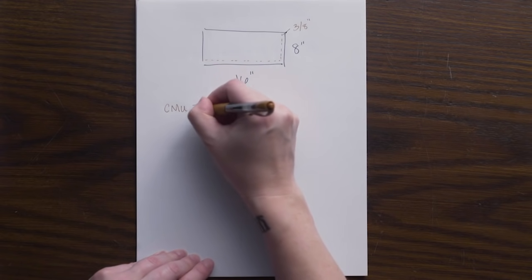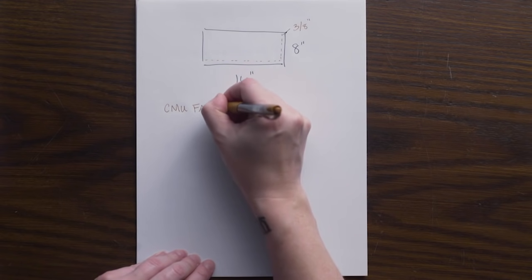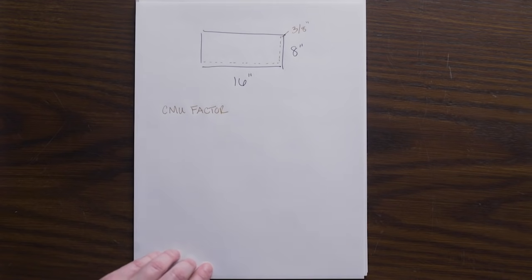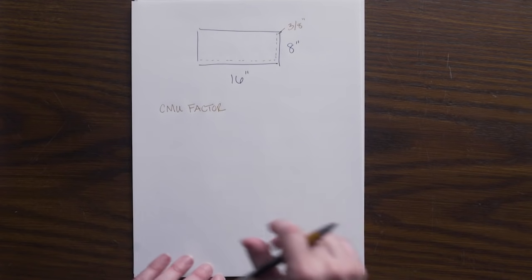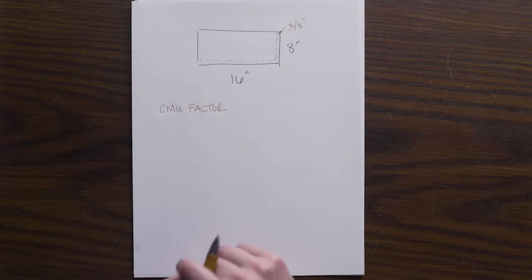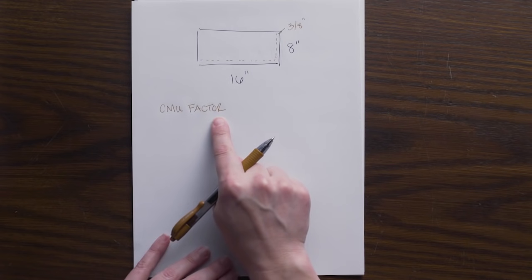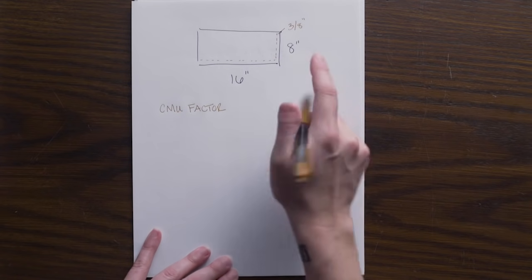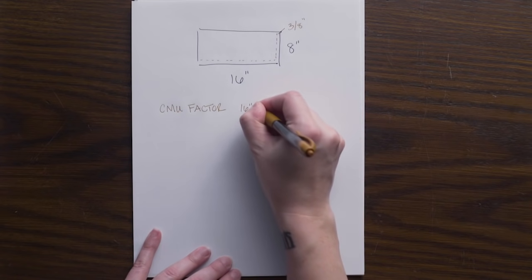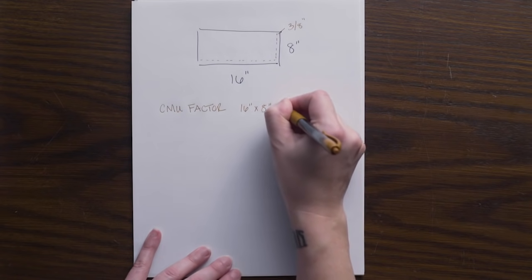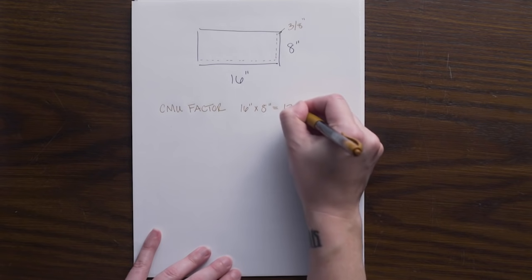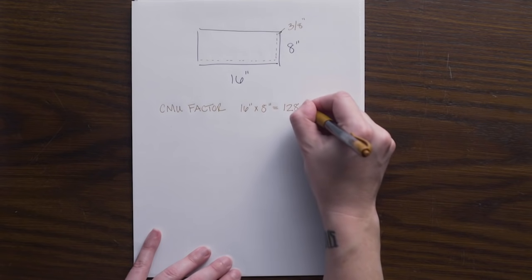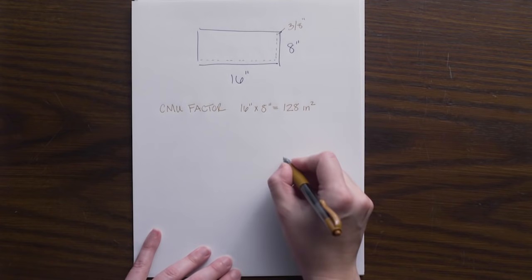CMU factor can easily convert the square footage that we calculate, that is the face of our foundation, to a number, a count. If we're looking at our nominal dimensions, 16 inches by 8 inches, we can see that that is 128 inches squared.